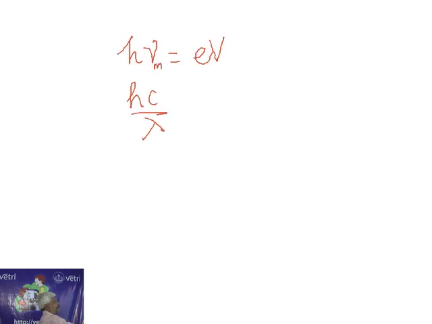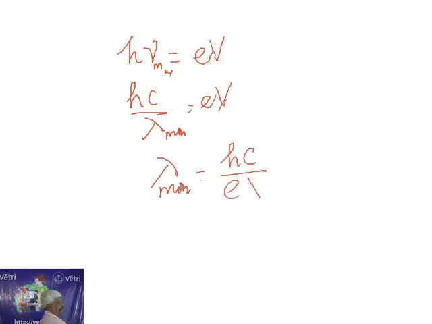In the continuous X-ray spectrum, we know the value of h nu is equal to E into V. We know nu max is c by lambda minimum, so lambda minimum is equal to hc by E into V. Here h is Planck's constant, c is the velocity of light, 3 into 10 power 8, and E is the charge of an electron.